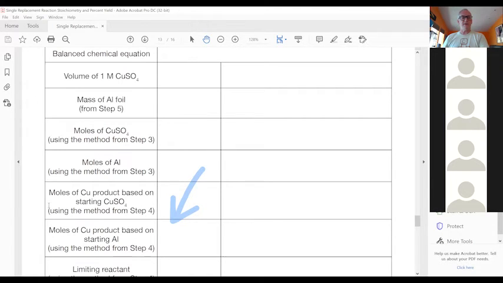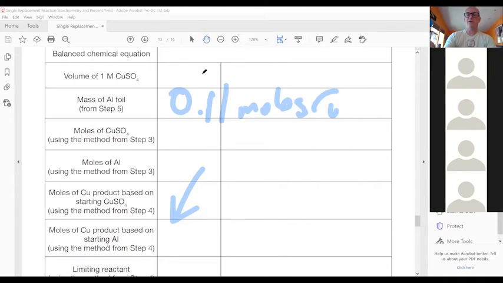So you want to look at calculate. What it's asking you is, if all of the copper in the copper sulfate was converted to copper solid, how much would that be? So in other words, if you had 0.11 moles of copper sulfate and all of the copper became copper metal, how many moles of copper metal would you get? 0.11.